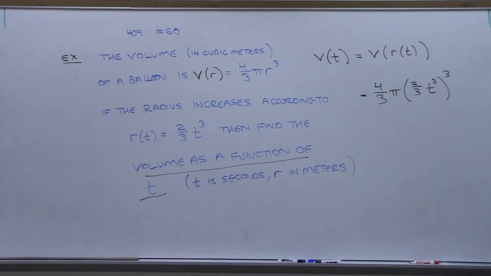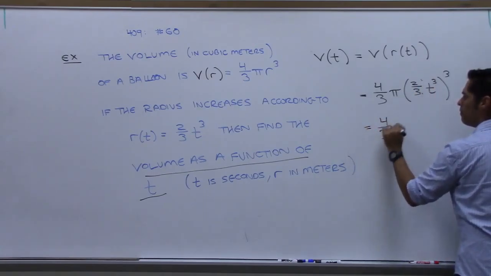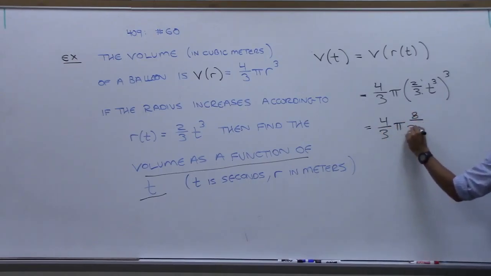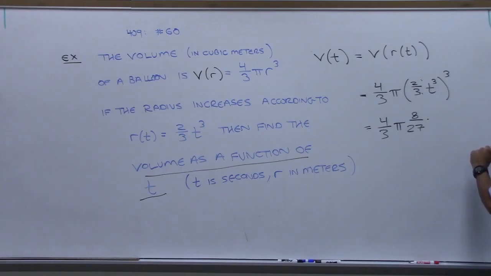Now let's go ahead and cube this. What happens when you cube 2/3? Cube top and bottom. 2 cubed, 8. 3 cubed, 27. What's t cubed cubed? It's either 6 or 9, right? 6? 9?